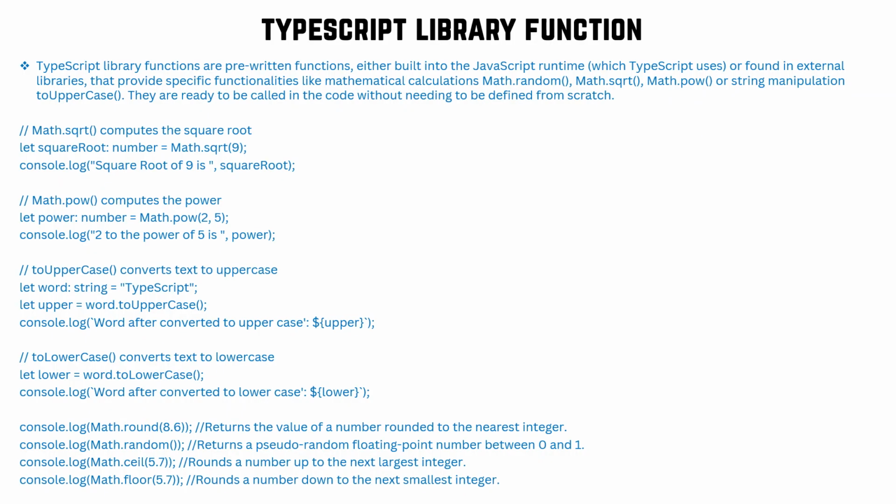They are ready-made functions to be called in the code without defining them from scratch. That means they are already available through the library or through JavaScript or TypeScript, so TypeScript can use them whenever integrated. That is the main benefit. You don't need to define or redefine them.